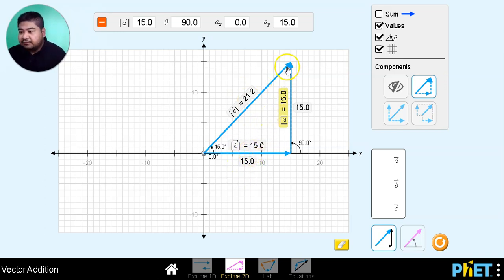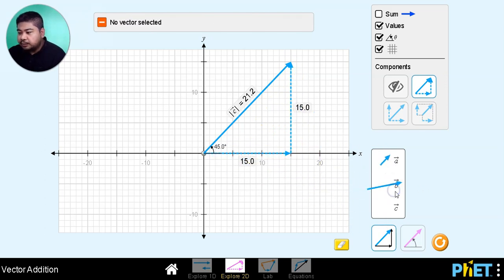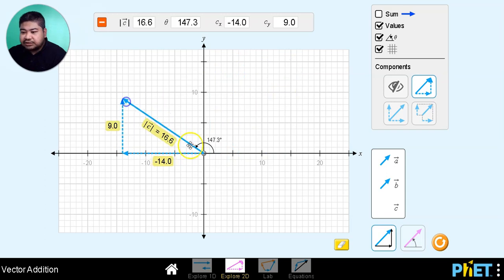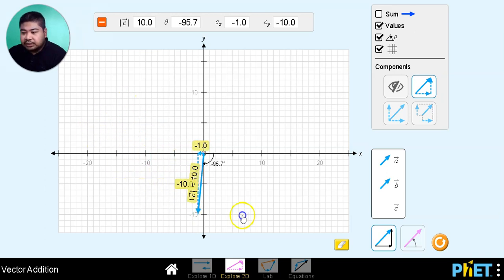Let me remove this vector. I hope from here you can see vector C is broken up into 15x plus 15y. So a vector of 15x and a vector of 15y will make up vector C. If vector C is pointing in a different direction, then its horizontal component becomes negative 14 and its vertical component is 9.